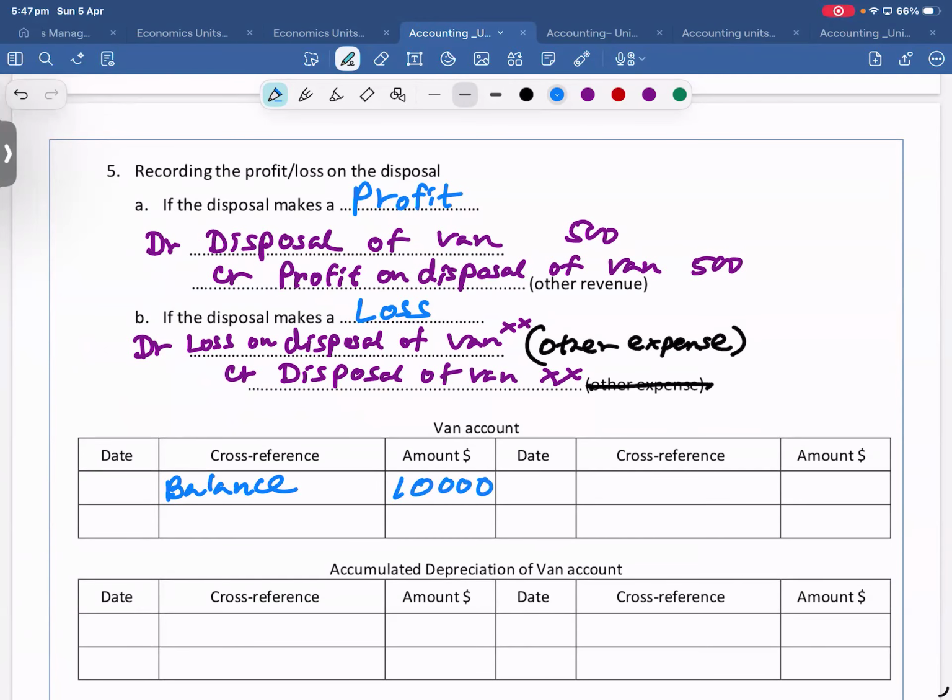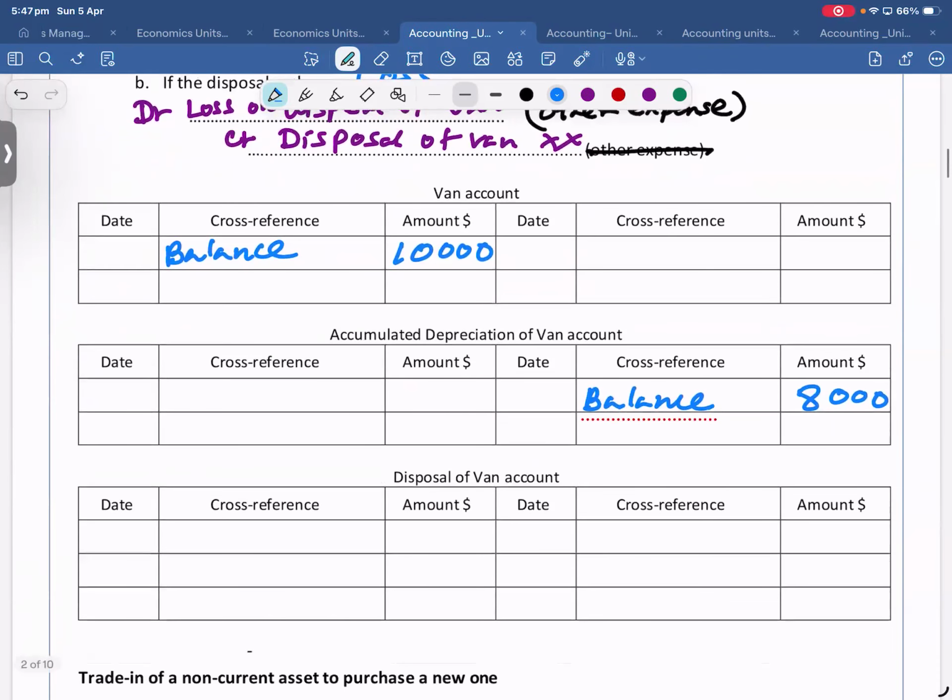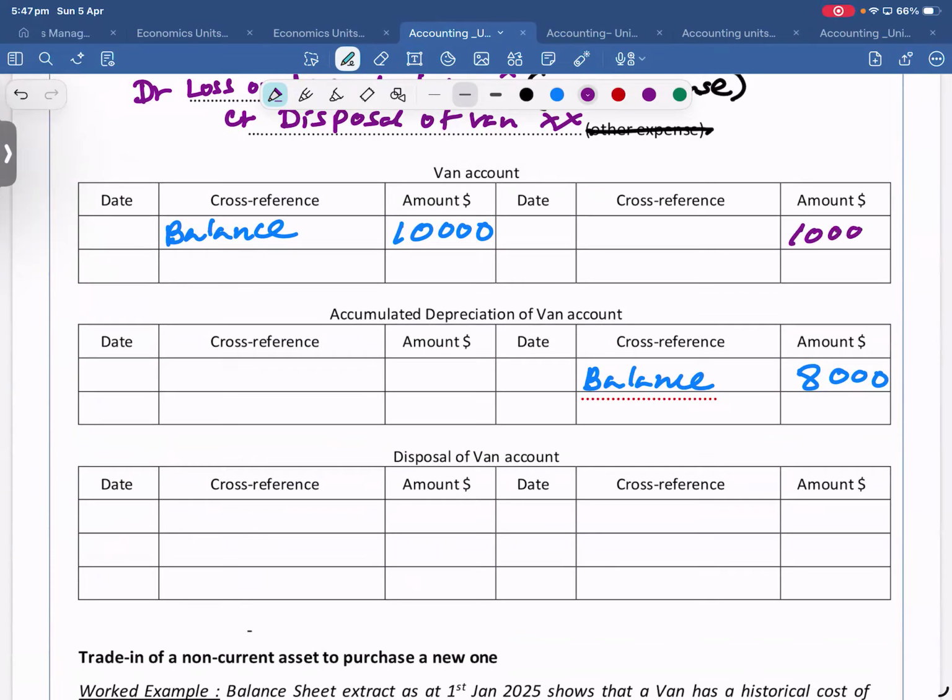Accumulated depreciation is another balance, 8,000. Then what do we do, guys? You technically credit the van, 10,000, same as disposal. Then disposal is debited 10,000, saying van.